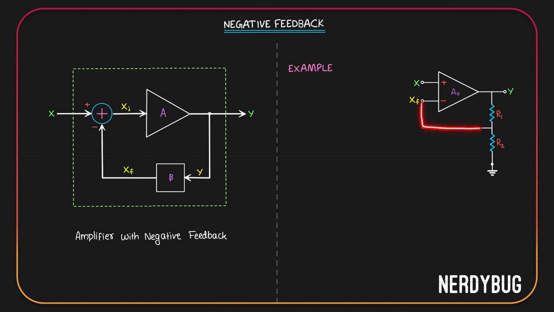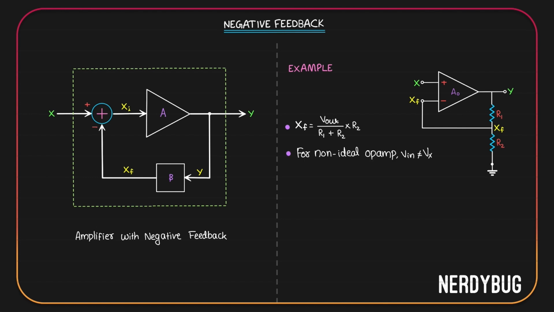XF came from here, so the potential here is also XF. Like we have already seen, XF is whatever potential is dropped across R2 of this voltage divider. So XF is Vout divided by R1 plus R2 multiplied by R2. Let's consider this to be a non-ideal op-amp. For a non-ideal op-amp, differential input voltage does not have to be equal to 0.